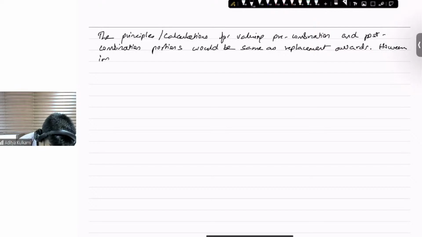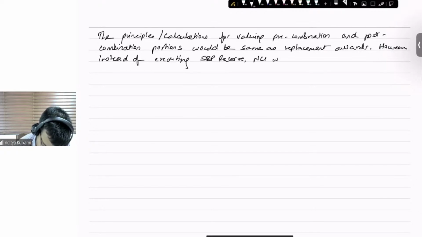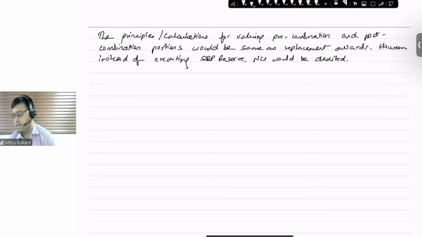However, instead of crediting SBP reserve, NCI would be credited.